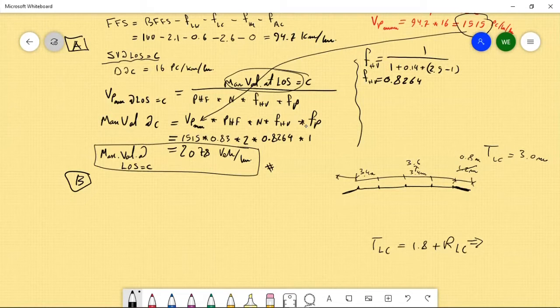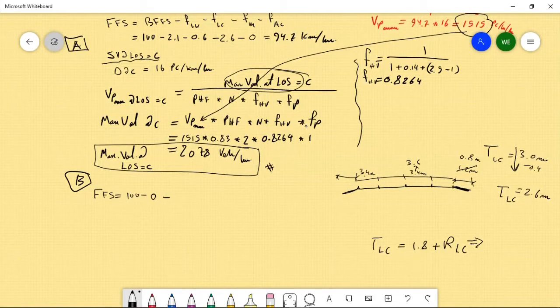If we do that, the free flow speed will equal 100 minus, in this case, there is no adjustment factor for the lane width because now it's a 3.6 lane. But the lateral clearance will be reduced. The total lateral clearance, we're going to subtract 0.4 from it. So now it's 2.6 meters.